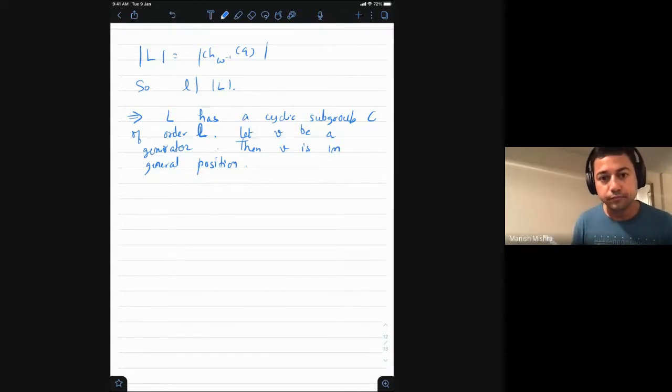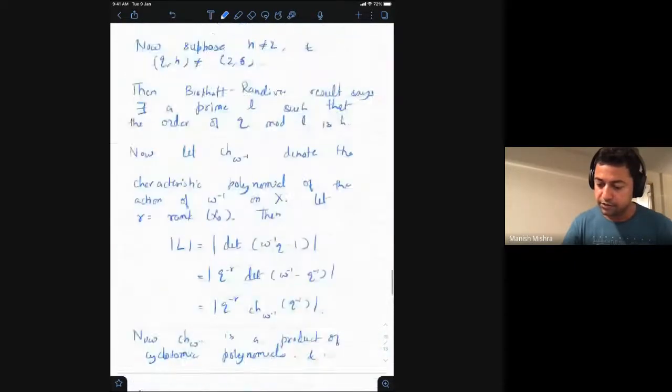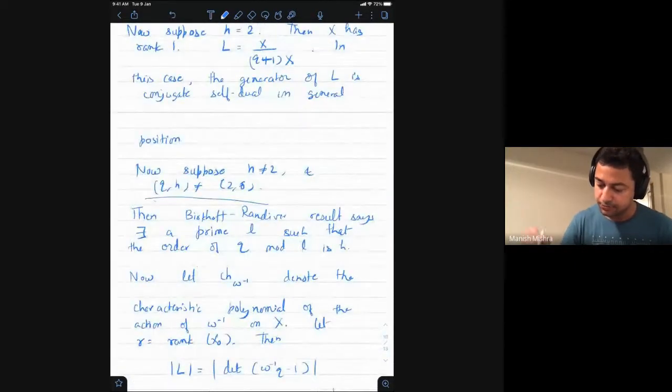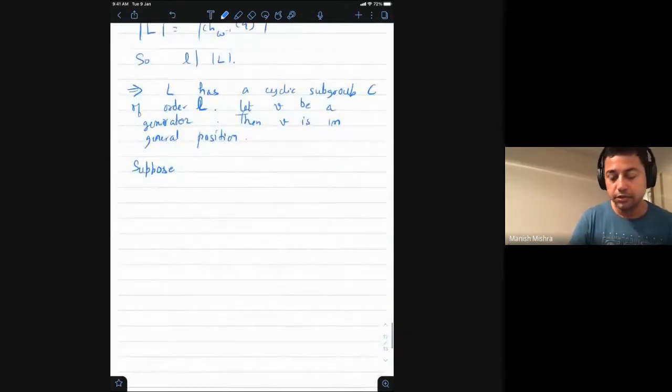Now, we have thus produced a character in general position with this hypothesis that q comma h is not equal to 2 comma 6. Okay. Now suppose h is also even.